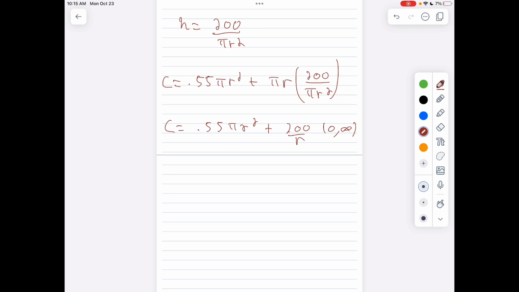Because you can't possibly plug 0 in for r into that equation. Another way to think of it is r can't be 0 because you'd have no cylinder, because you'd have a radius of 0. And you can make this radius as big as you want. Technically you can have a huge radius and a super little height. That would work out here.